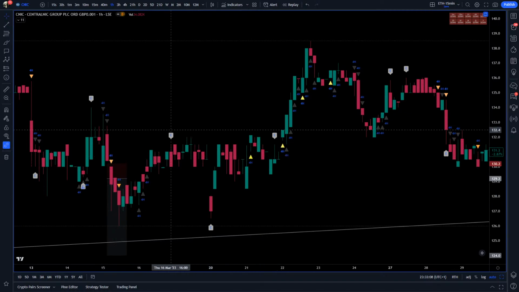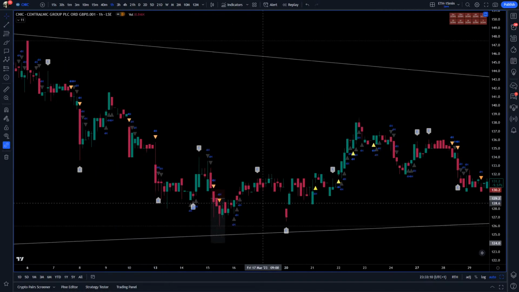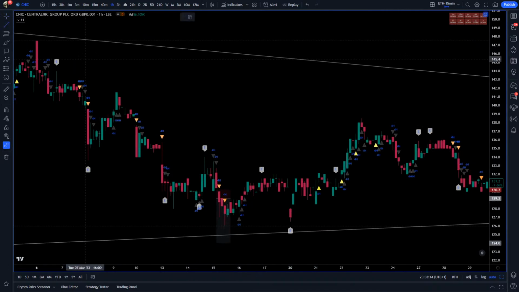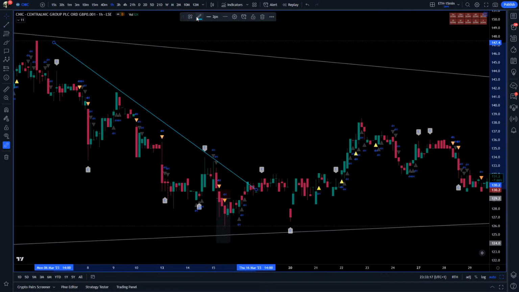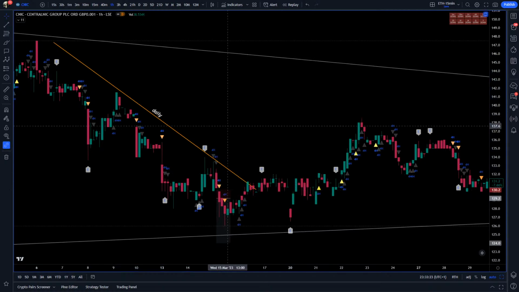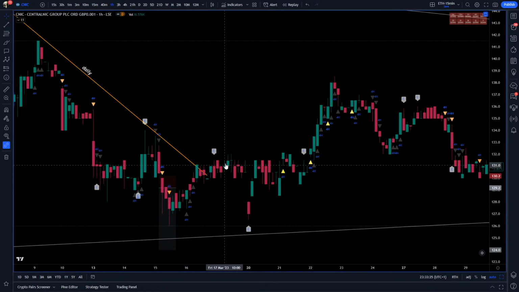In this case, the market went sideways, made a reversal of the daily trend, the daily market. So the daily market made a reversal.